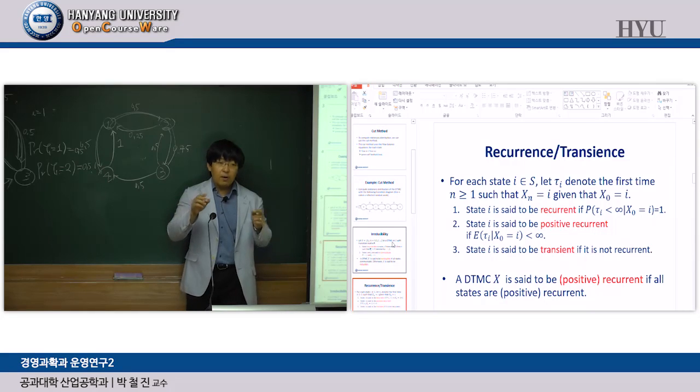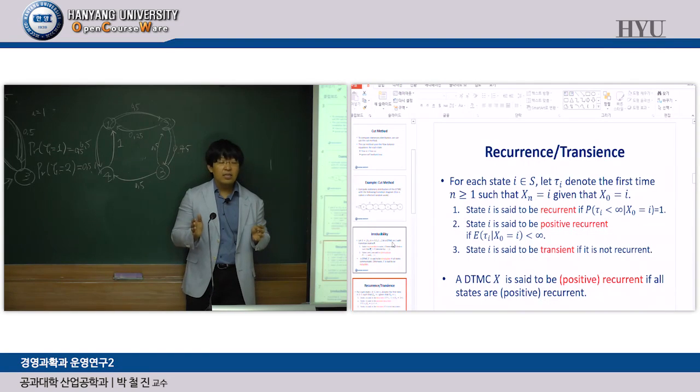And for a Markov chain, if all the states are positive recurrent, then the chain is called a positive recurrent chain. If all the states are recurrent, then the chain is called a recurrent chain.